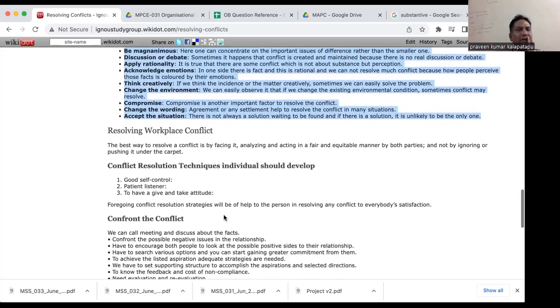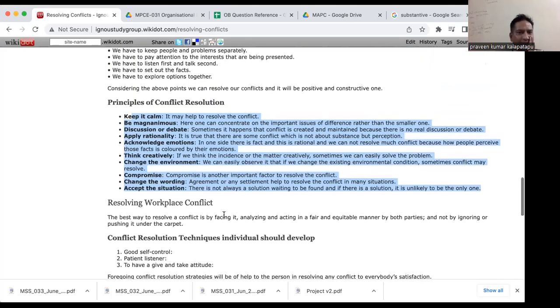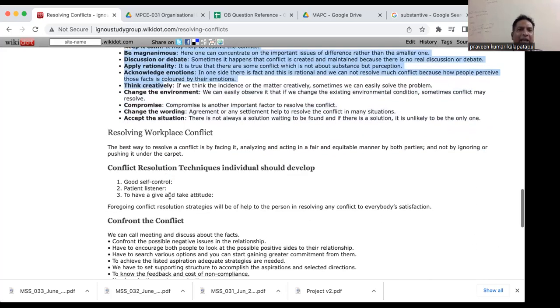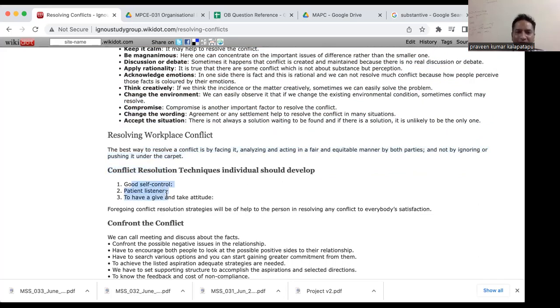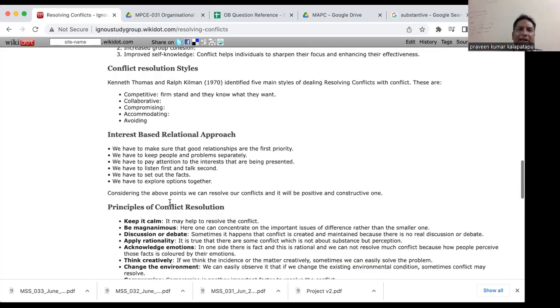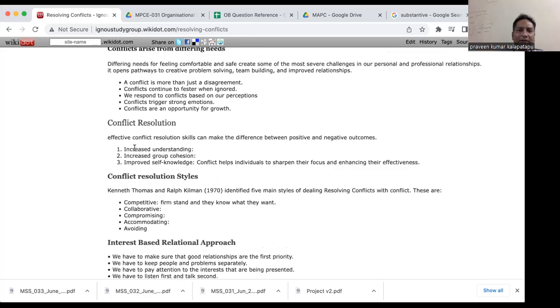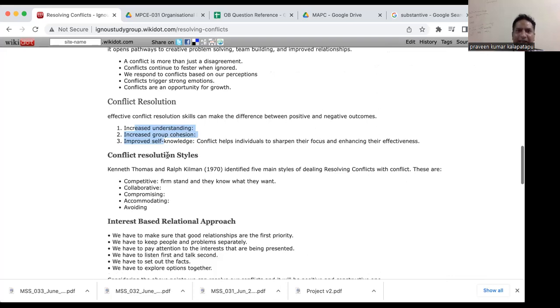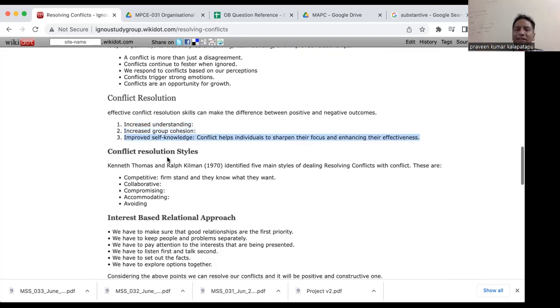So these are the principles of conflict resolution. Okay. So now, going into resolving the conflict. These were the principles, and we are now talking about some of the techniques that individuals should develop. This is kind of repeating when you take this section, right? We are talking about increasing understanding, group cohesion, self knowledge.